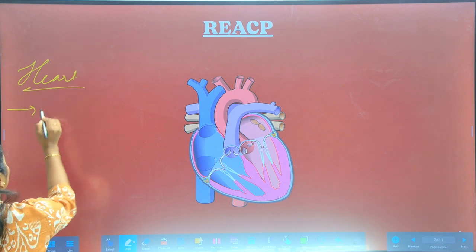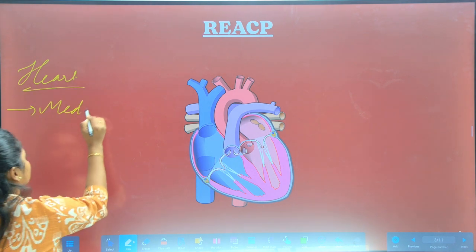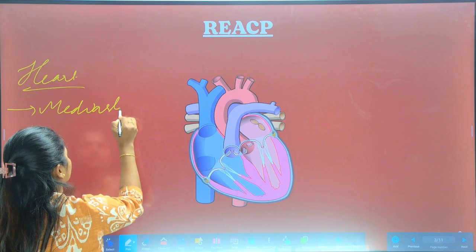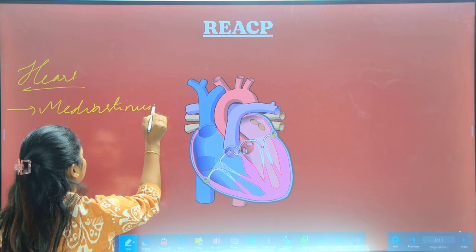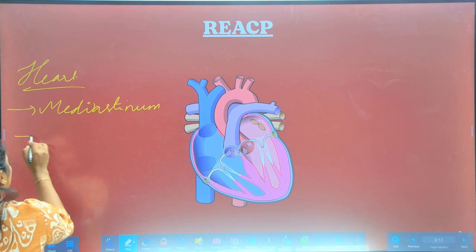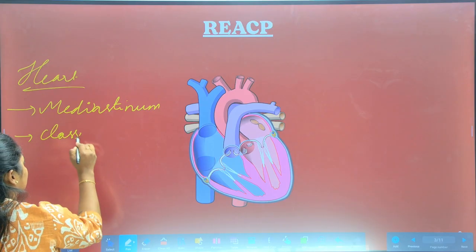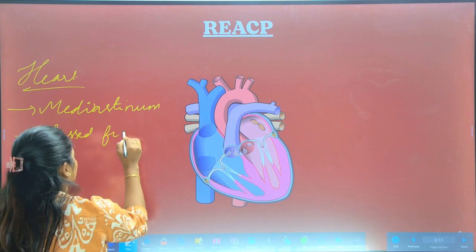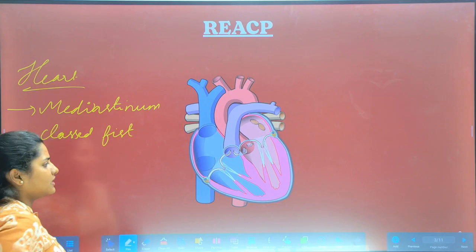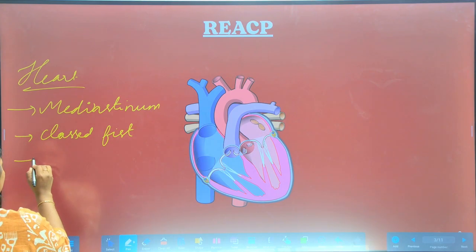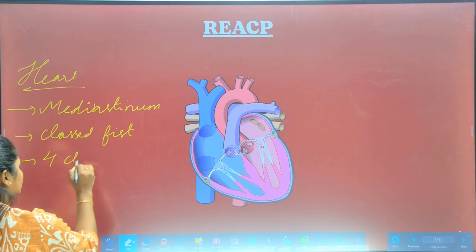it is located at the mediastinum region, and coming to size, it is a closed fist, right? And now it has four chambers.